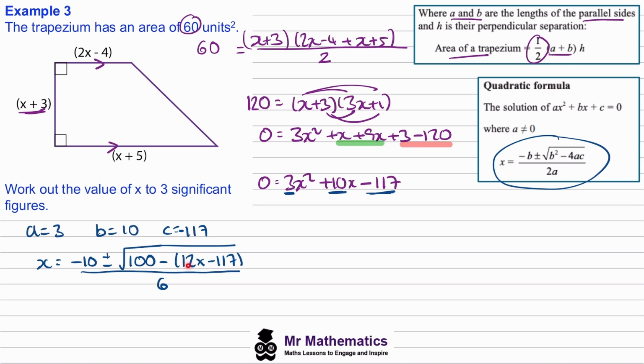This works out as the square root of 1,504. So x will equal negative 10 plus or minus the square root of 1,504, over 6.